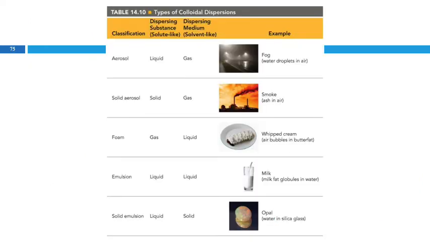There are lots of different colloidal dispersions, different combinations of liquids and liquids, solids and gases, etc. So fog, smoke, got both of those in the valley here, right? So smoke would be ash suspended in the air, and fog is liquid water droplets suspended in the air.